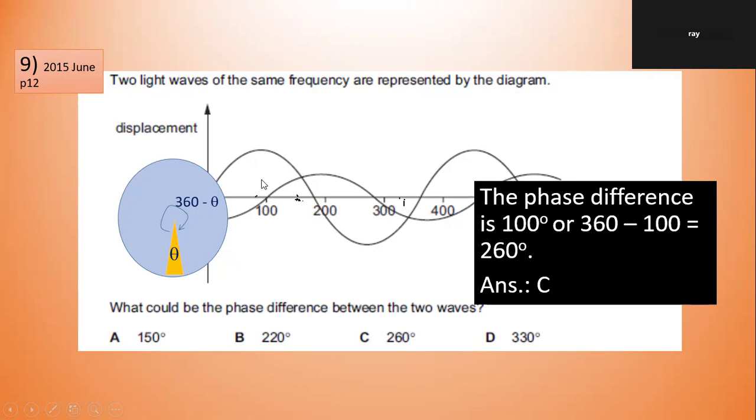If you take the crest, there's the crest, that's the crest, it's about 100, it's about 200, so the difference is 100. It doesn't tell you which one to use, you can use any one. You can either take this angle theta or take this angle, same thing. See which is given.